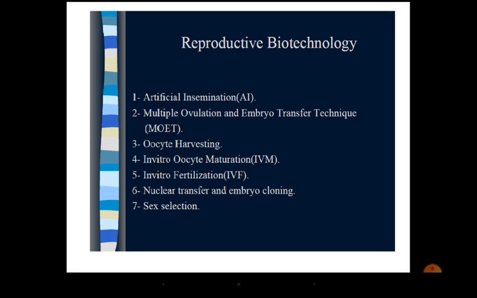They screen out all the Y-bearing spermatozoa at the semen processing centers. So only X sex chromosome-containing spermatozoa are supplied in the cold chain, that is, the cryopreserved chain, and that will be made available at the farmer's doorstep.